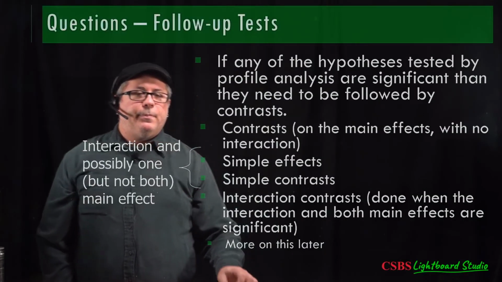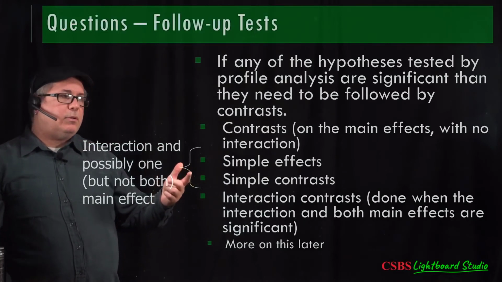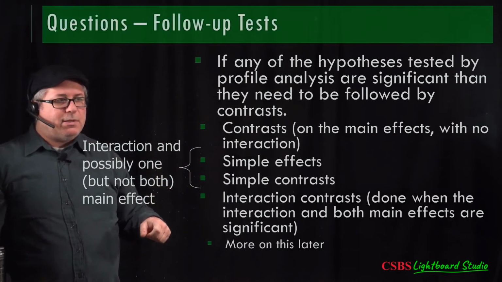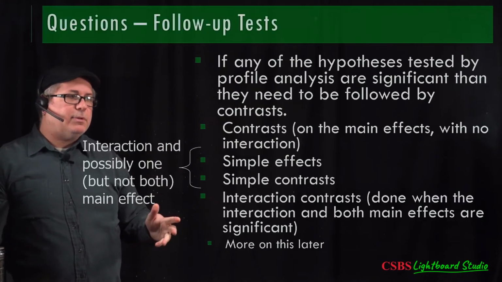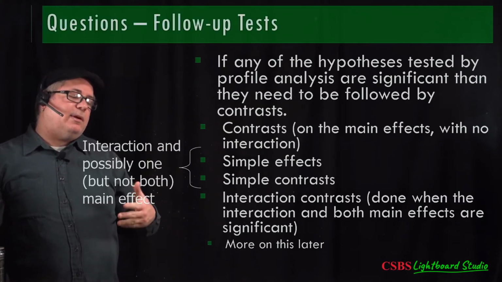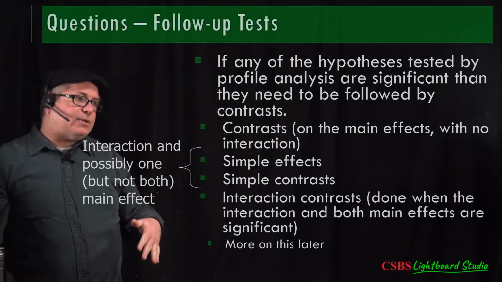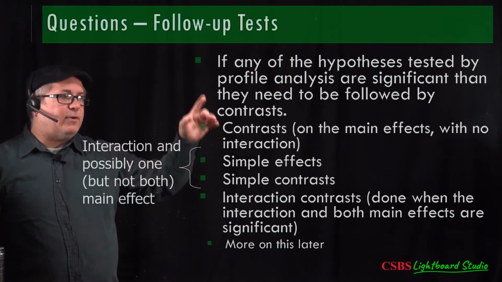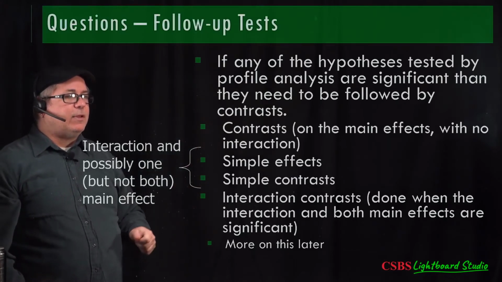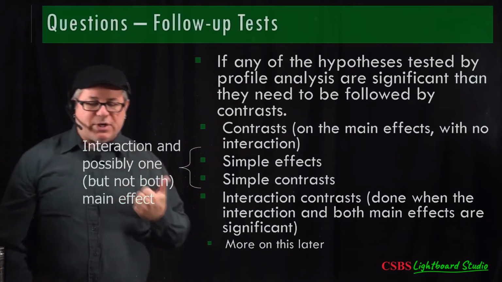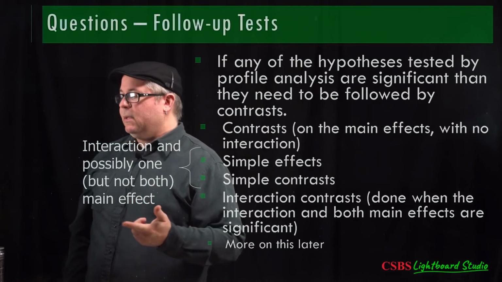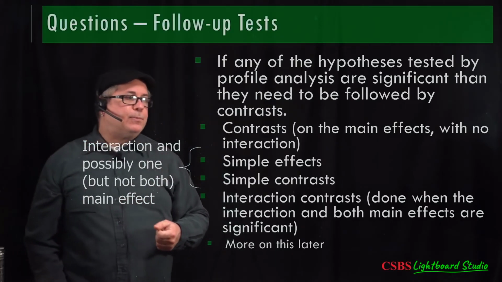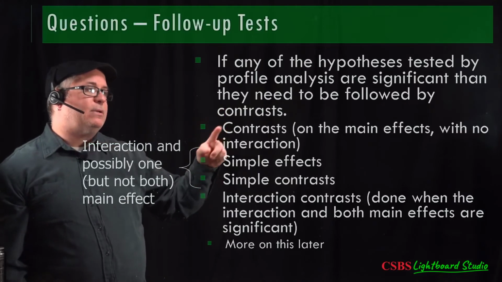Okay. So just like with anything, think about your mixed ANOVAs. Anytime you have main effects or interactions that are significant, there are always going to be follow-up tests, right? So if any of the hypotheses tested by profile analysis are significant, so you've rejected flatness, you've rejected equal levels, you've rejected parallel profiles, you're going to follow them up with some kind of contrast.